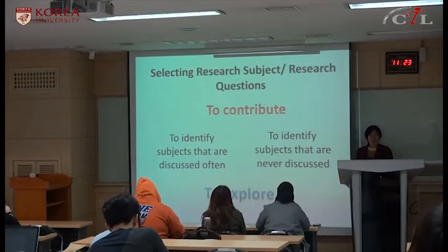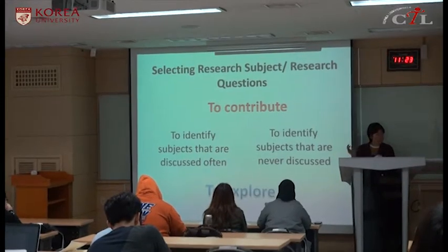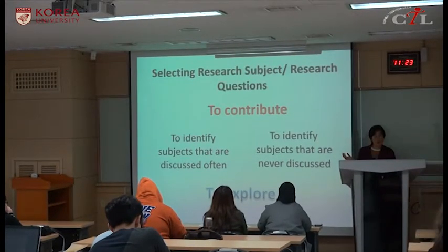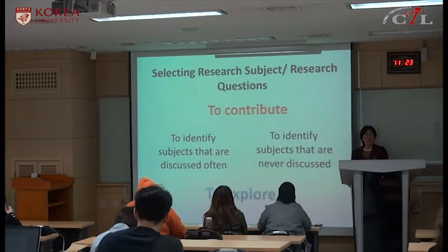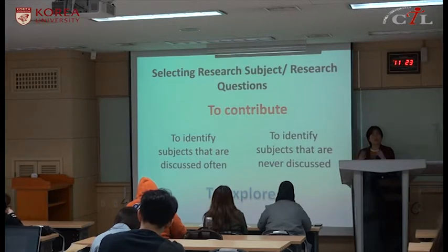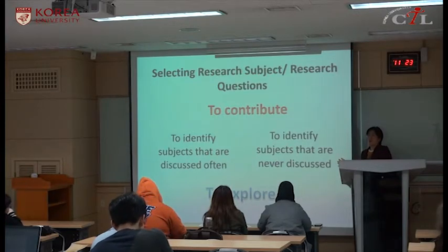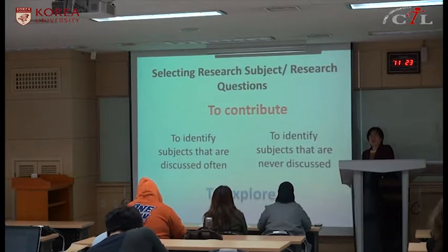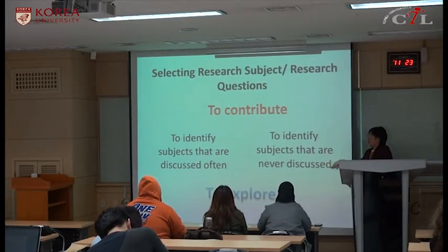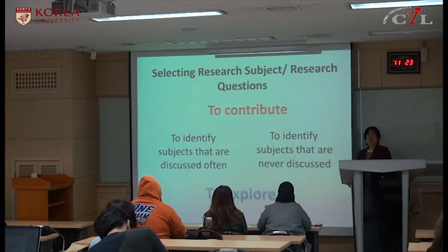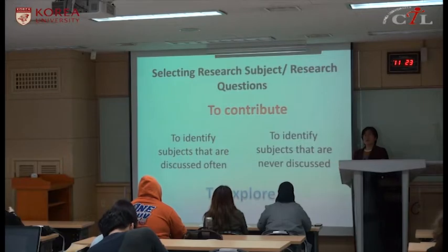Okay, so in what way can you select a research subject, research topic, and research questions? Normally, you can consider what kind of things are often discussed, and sometimes what kind of things are never discussed. So if you explore this part and write something, you can be a front explorer.